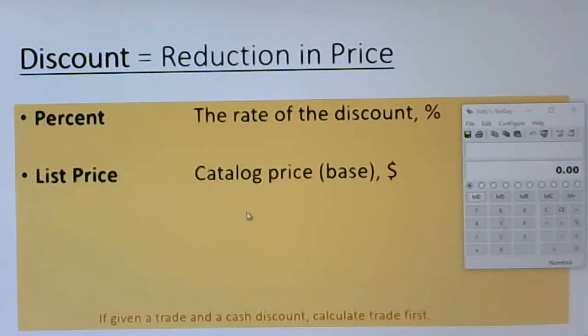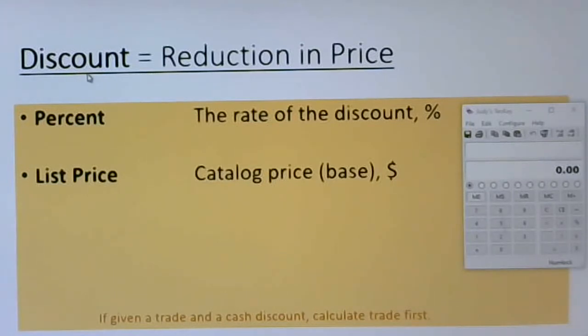The list price would be the catalog price, the original price. So for example, when we in our business department purchase items from Office Depot, Staples, the catalog price is the list price. But because we buy in large quantities, we get a discount.